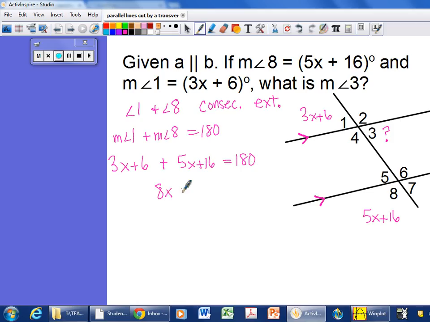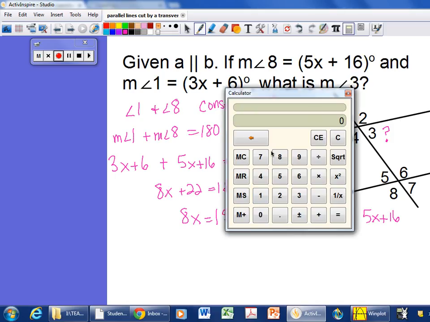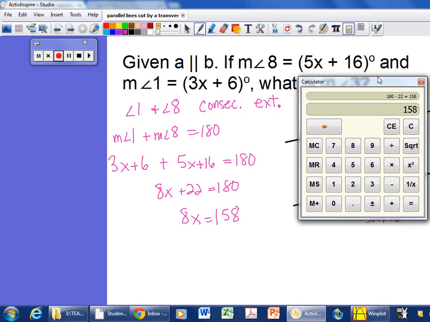So solving for x, 8x plus 22 equals 180. So 8x equals 158, I believe. Let's check that real quick. 180 minus 22. Sure enough, 158.